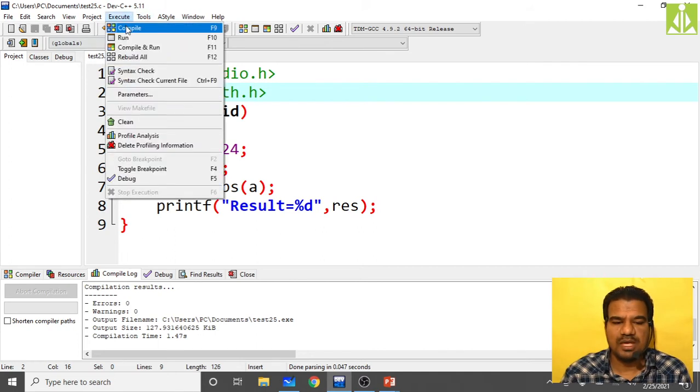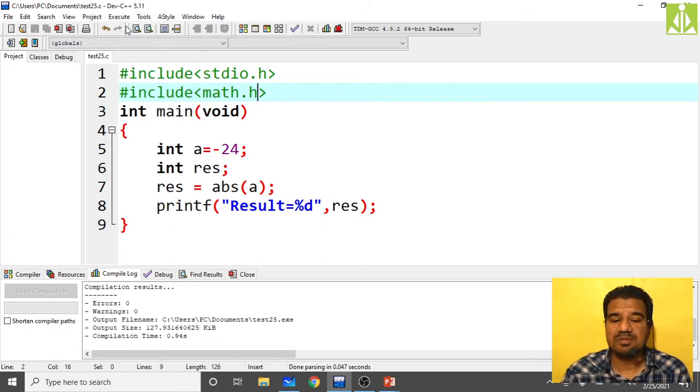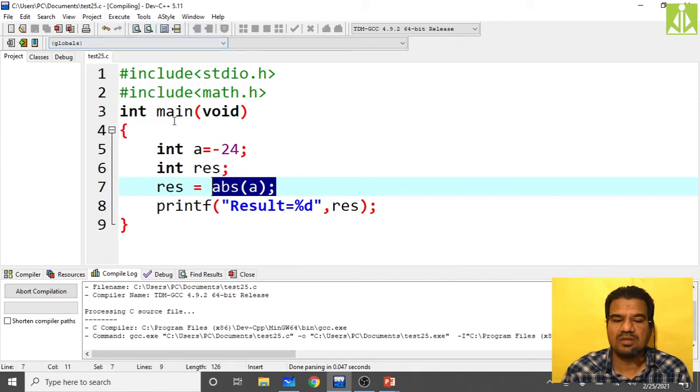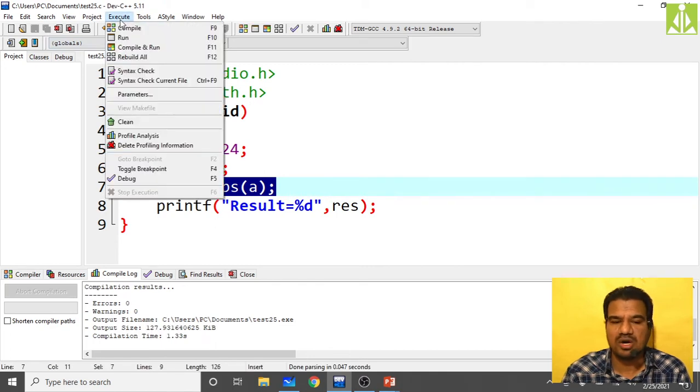For me, as I said, Dev CPP is an advanced type of compiler. The abs function is also there inside your stdio.h. So that's the reason when I executed the program without math.h, I got the output.